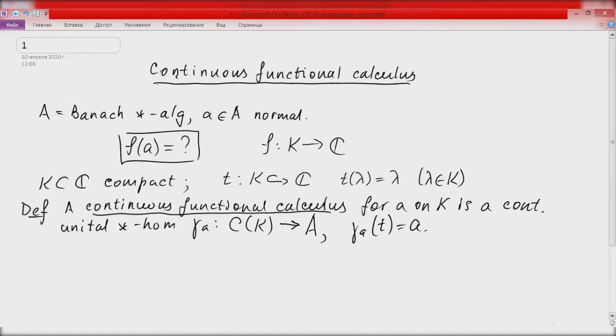Sorry, but by the way, I forgot to say that A is assumed to be unital. So A is a unital Banach star algebra.